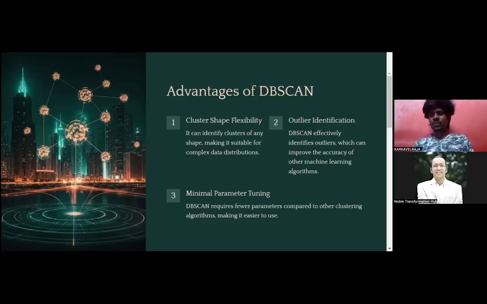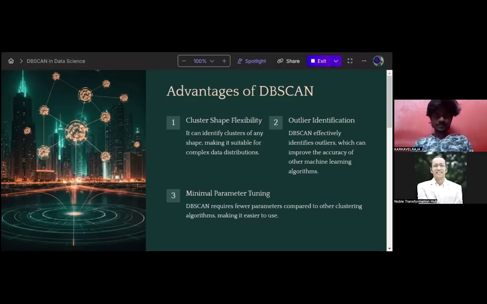Advantages of DBSCAN, guys. First is cluster shape flexibility. It can identify clusters of any shape, making it suitable for complex data distribution. Second, outlier identification. It effectively identifies outliers, which can improve the accuracy of other machine learning algorithms.